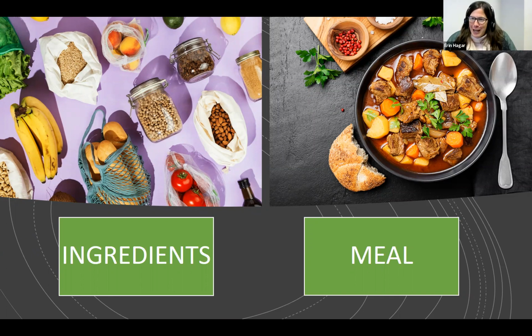And the analogy that I came up with, the metaphor, because I love food analogies, is that thinking about strategies only is a little bit like thinking about individual ingredients instead of the entire meal.